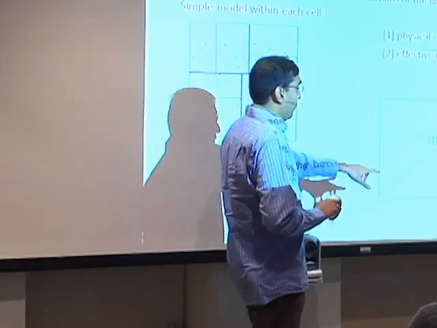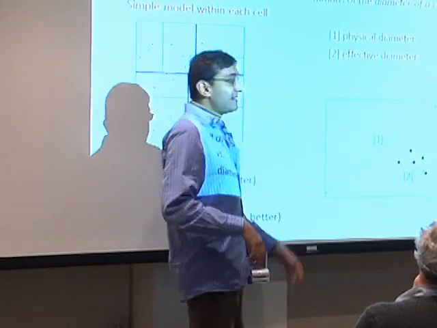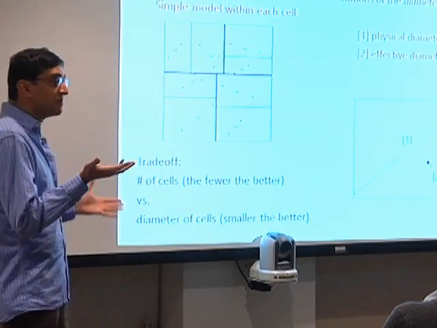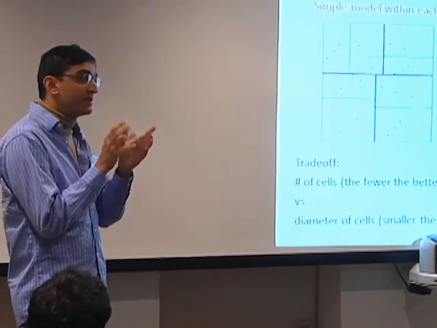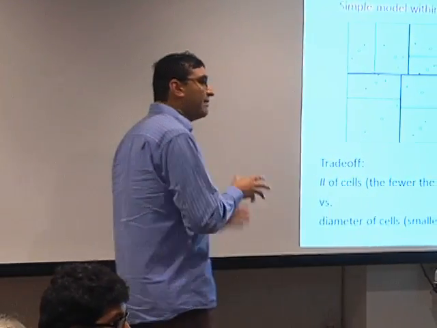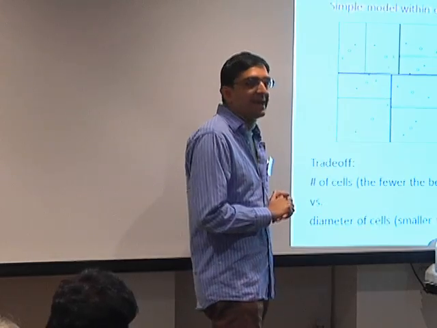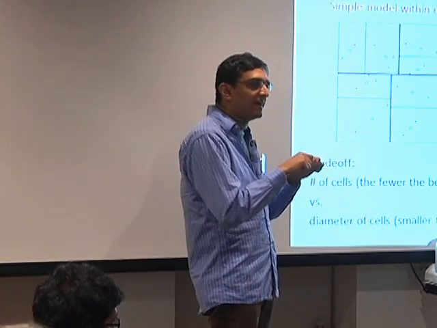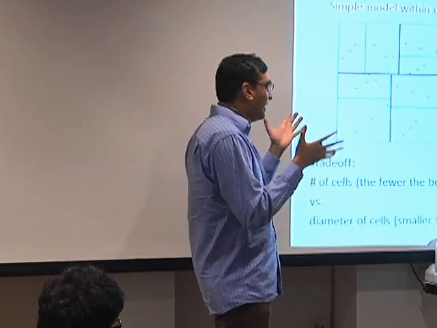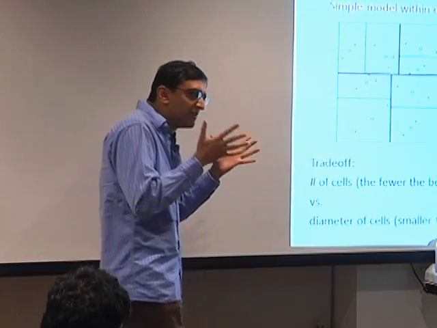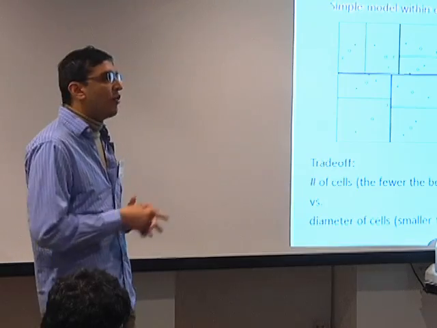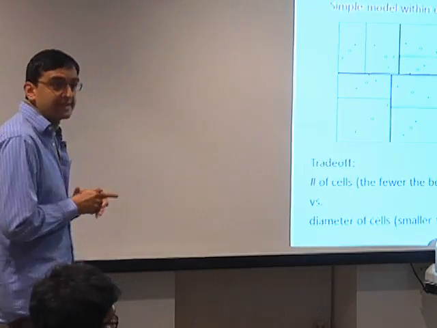But if you're working with the data diameter, it doesn't matter how freaky the cells look. All you care about is the expected interpoint distance within the cells. And so by moving to this notion of diameter, it makes it possible to have slightly less orthodox partitioning schemes.